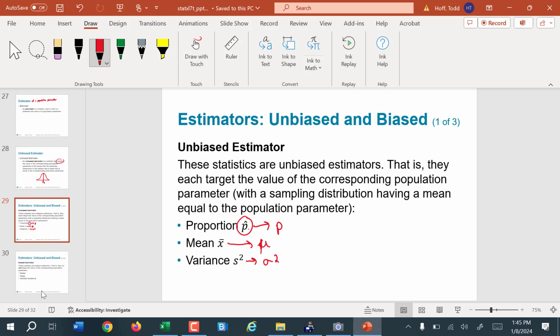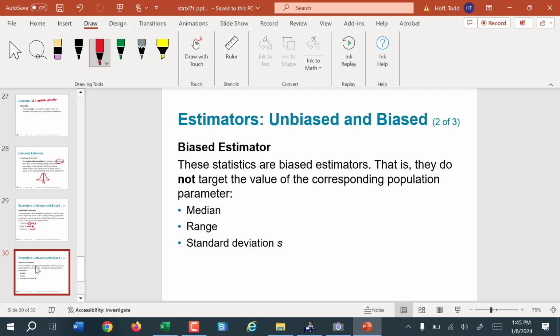Not all of our statistics are unbiased estimators. So these three, the proportion and the mean and the variance, are used because they're unbiased estimators. The median, the range, and the standard deviation are not unbiased estimators. The median tends to be all over the place, comparing the mean of the sample medians to the population median.